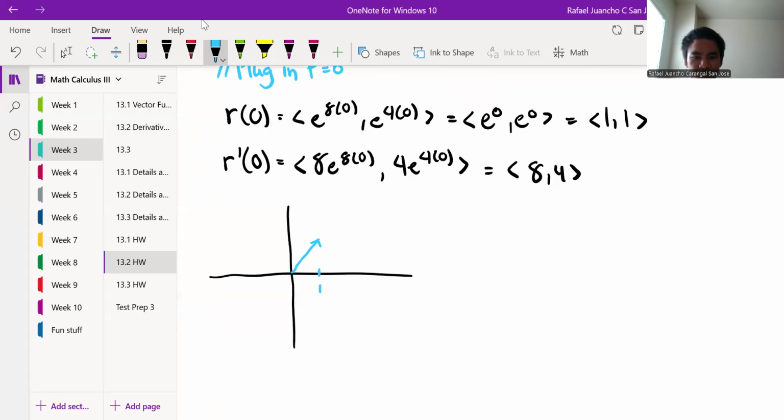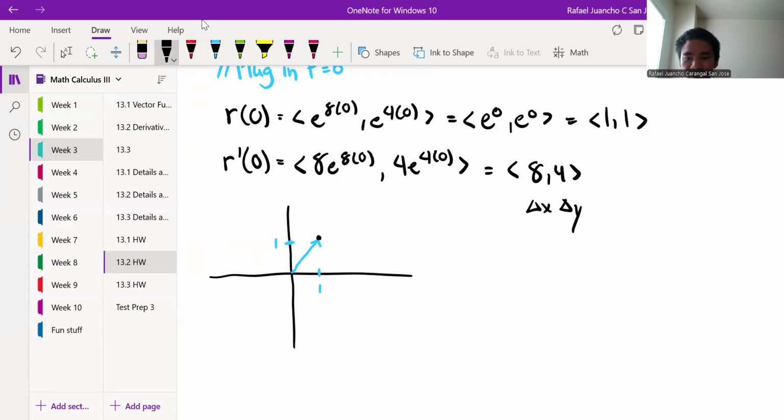So I'm going to say this is 1 and this is 1. And then from this point, I'm going to draw my tangent vector. And my tangent vector here is basically a slope because it's in 2D. So this is change in x and change in y. I can rewrite this to be a slope.